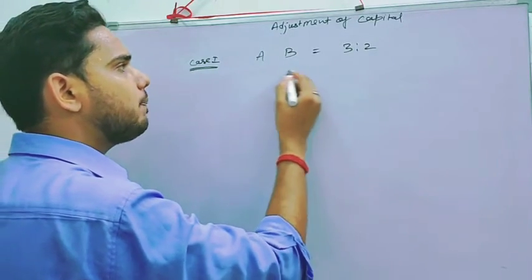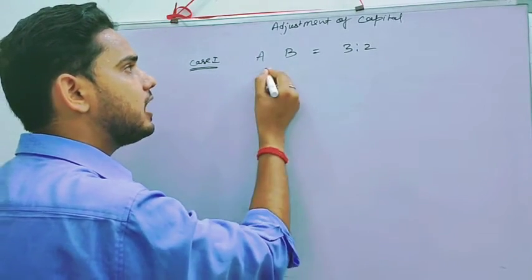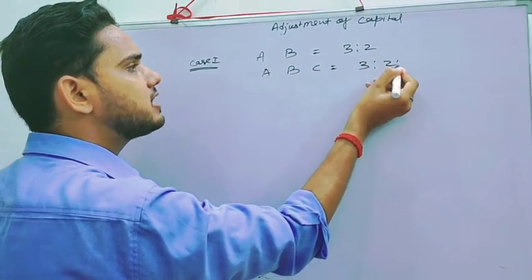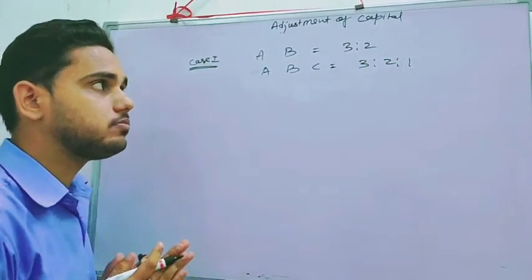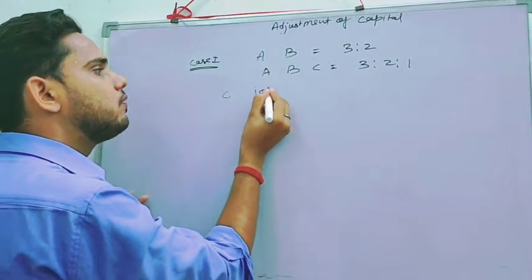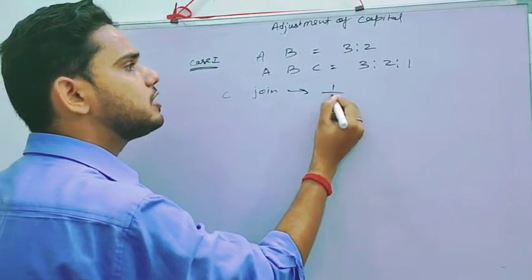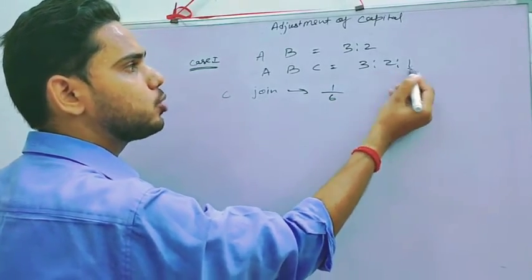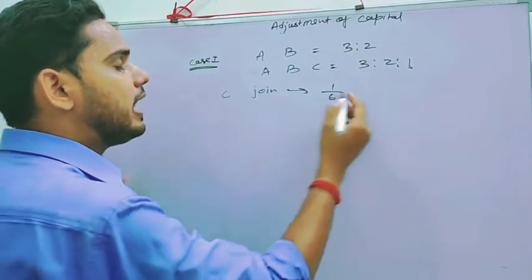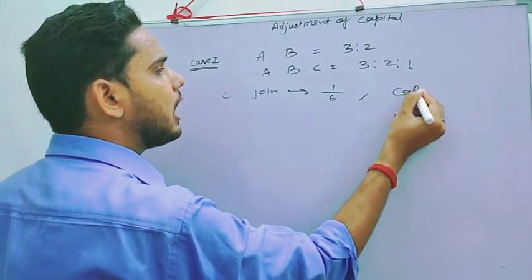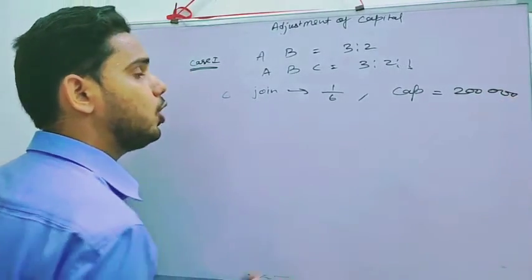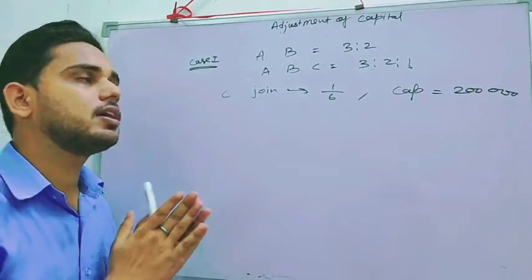C was joining the partnership firm, and after C's admission, the new profit sharing ratio got changed and it is now 3:2:1. Let's suppose C joined the partnership firm for 1 by 6, which is of course 1 by 6, since 3 plus 2 plus 1 is 6. So C joins the firm for 1 by 6, and C is bringing capital of, let's suppose, 2 lakh rupees. Okay, so that is our thing.